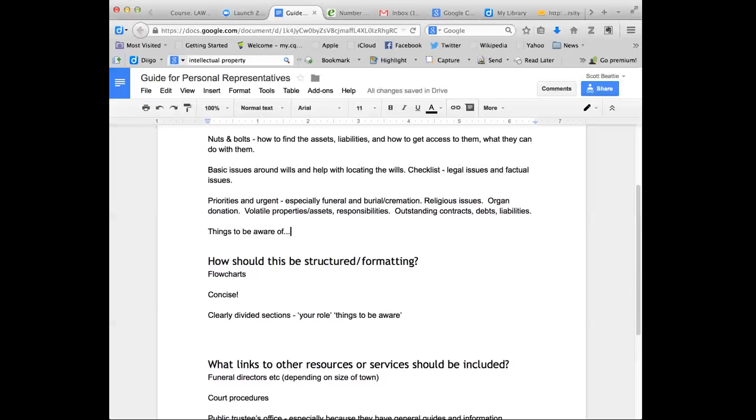So again, if that's the priority of your practice, if you're in a rural area and there's a lot of farms, you might need to, in your things to be aware of, say, there is a section called family provision. Other relatives may be able to apply for it.